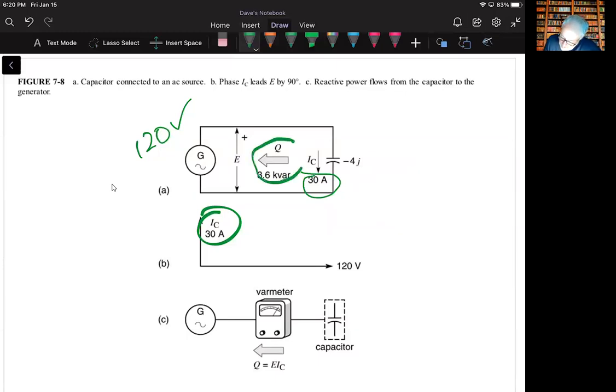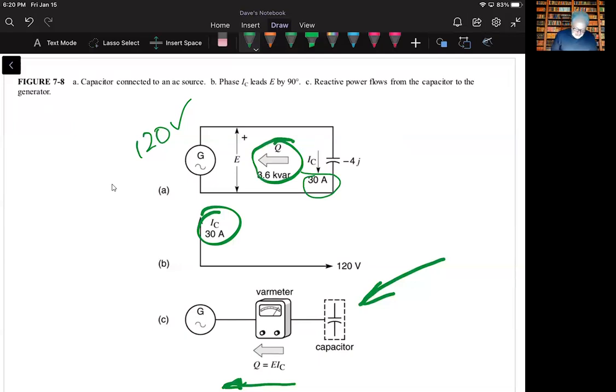The capacitor still acts as a source of reactive power, but where does this power go? The power flow diagram shows reactive power Q flowing back to the source. The capacitor delivers reactive power to the very generator that it is connected to. If we had a VAR meter connected to this circuit, it would look like this, where the power is flowing back to the generator and the needle would deflect in that direction.